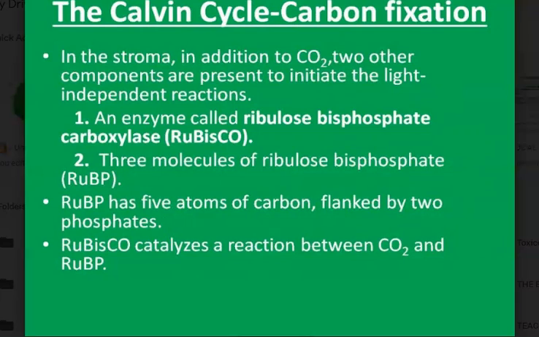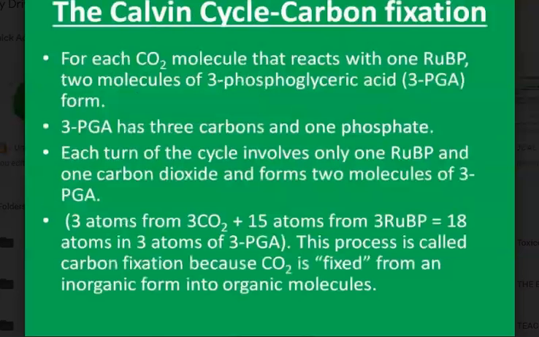And rubisco catalyzes a reaction between carbon dioxide and the RuBP. For each carbon dioxide that reacts with 1 RuBP, 2 molecules of 3-phosphoglycerate are formed. And the 3-PGA has 3 carbons and 1 phosphate.